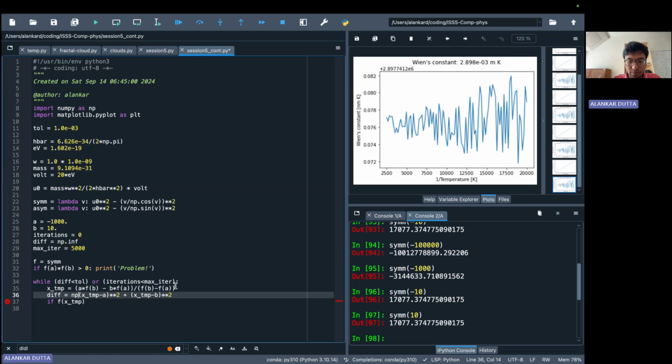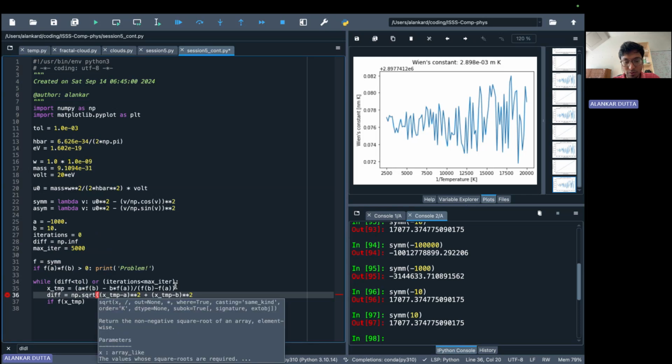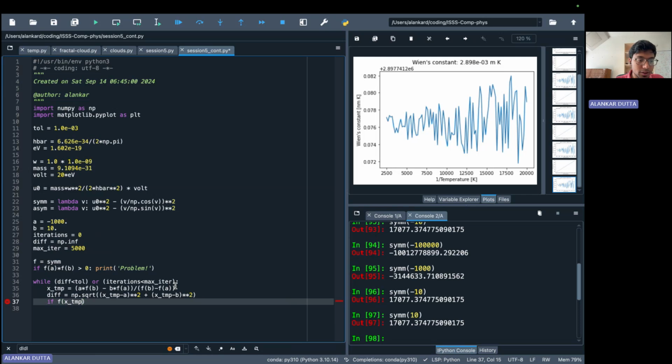And we do np.sqrt, square root of this, right? So now once we have found the difference, we calculate f of xtmp.